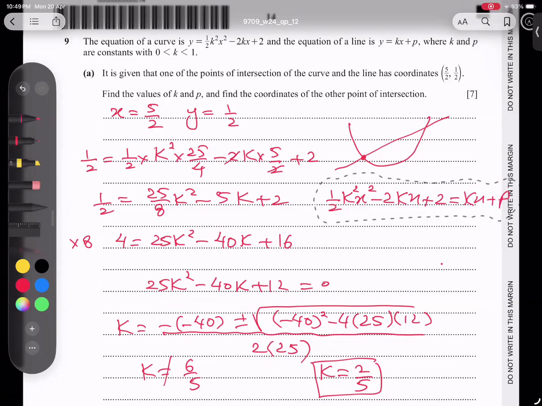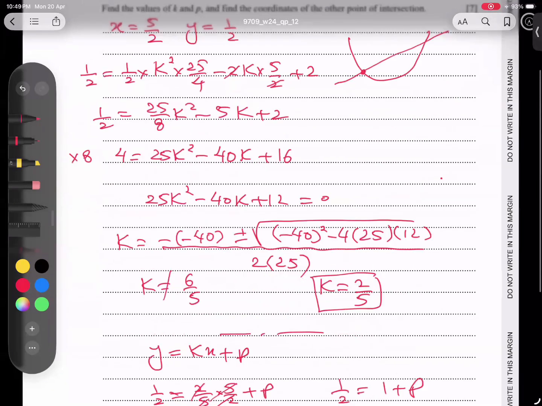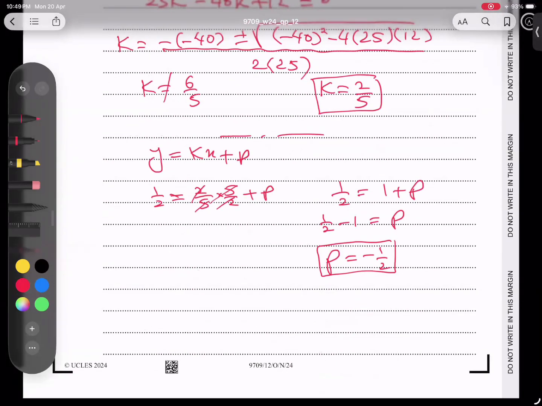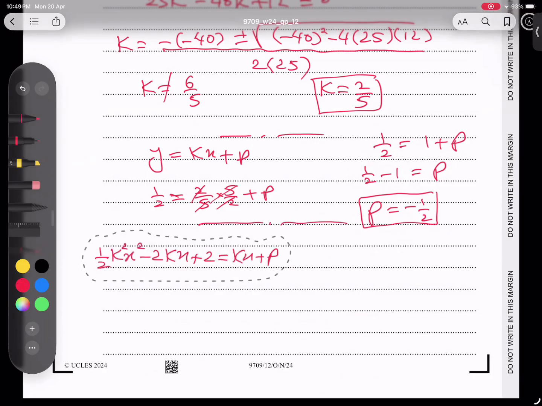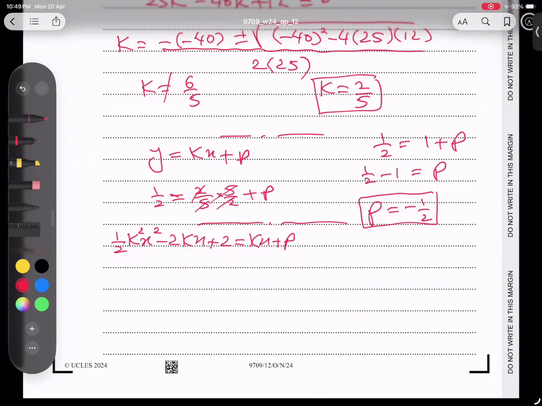Now I'm going to cut from here and bring it down, and I'm pasting here. So I'm going to replace the k value and p value. When I replace k value, this value comes here. So I'm getting here 4 over 25 x square, copy, 2 into 2 over 5 x, copy, and here k value 2 over 5 x and p value negative half.